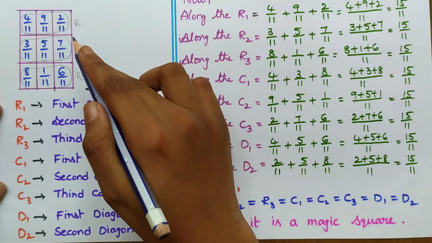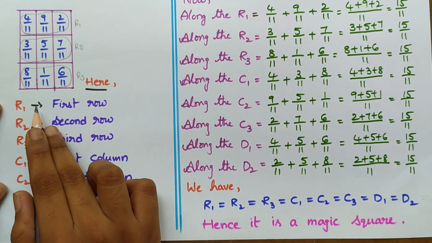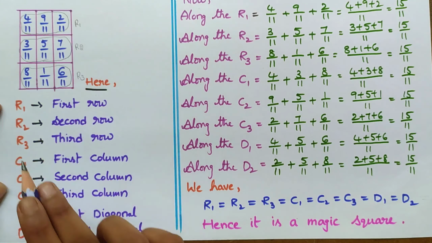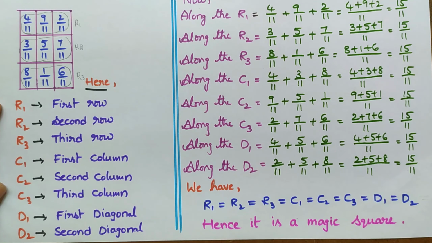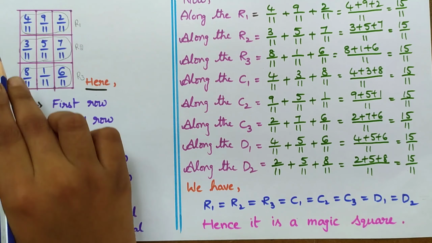So R1, R2 and R3. R1 means the first row, R2 indicates the second row and R3 indicates the third row. See here, this is the third row, this is the second row and this is the first row.